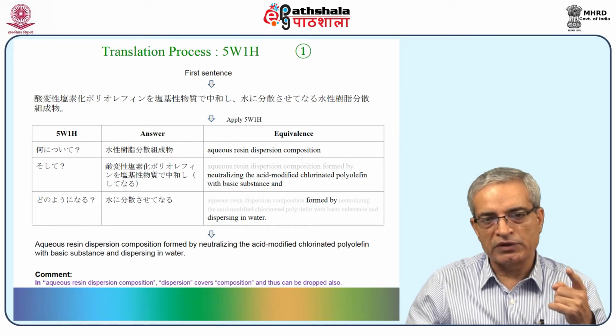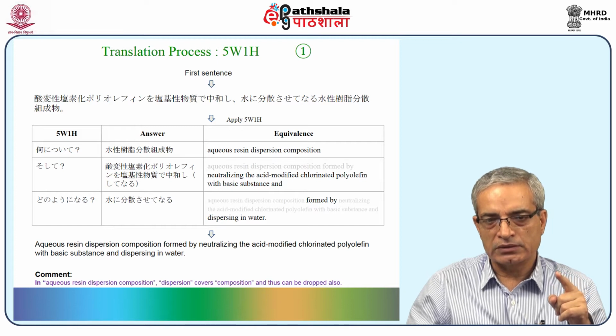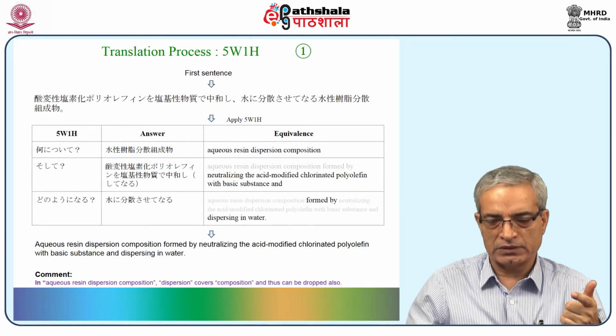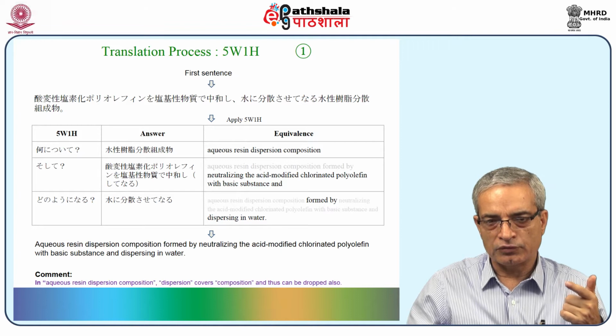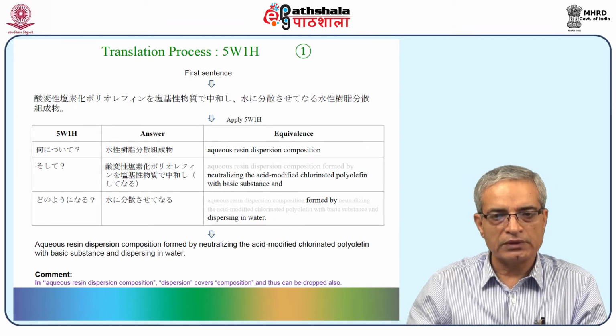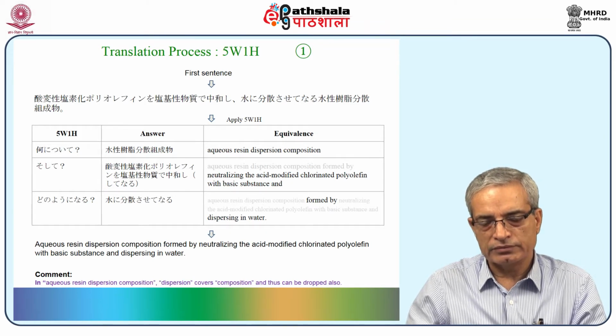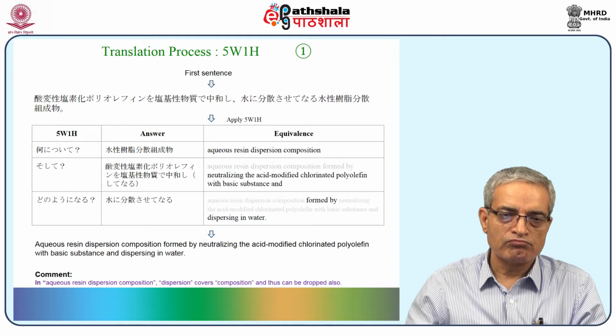If we connect it with the previous one, aqueous resin dispersion composition was the previous one. "Shite naru" is picked up from the second clause, formed by neutralizing the acid modified chlorinated polyolefin with basic substance. And yes, next question: "Dono yō ni naru".